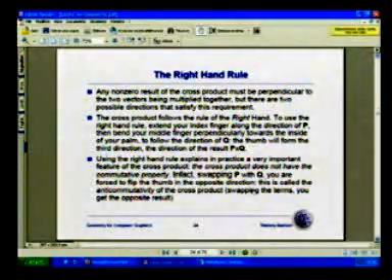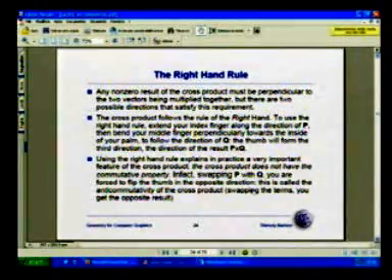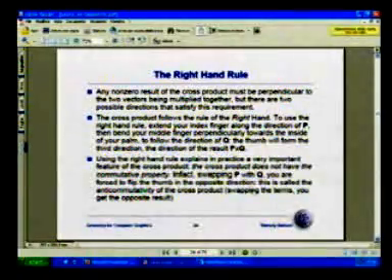Let's say that you're calculating P cross Q. You take your index finger and put it along P. Then you take your middle finger and put it over Q. The thumb gives you the direction of the vector you have calculated. So the thumb is your result. You have to be careful that your index is P and your middle finger is Q. This is the first, this is the second. The result is the thumb.